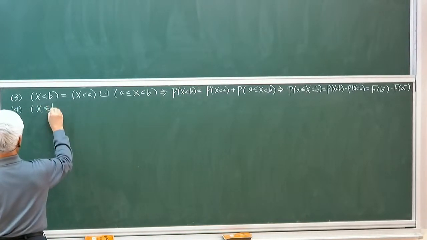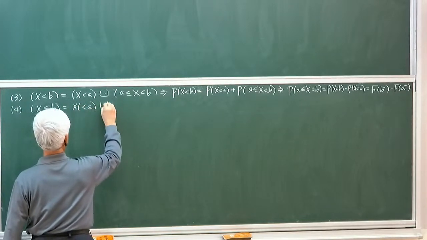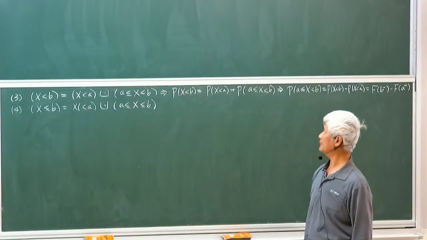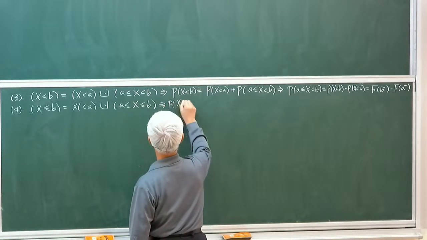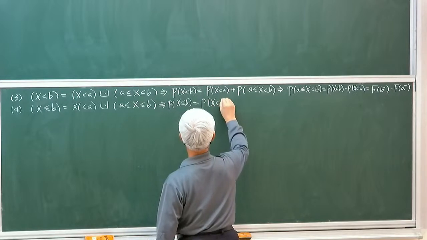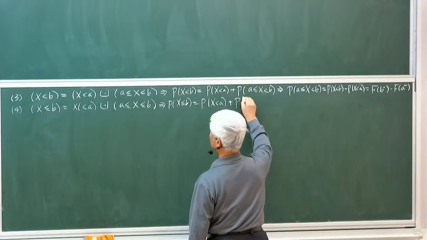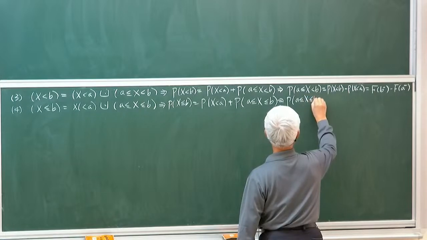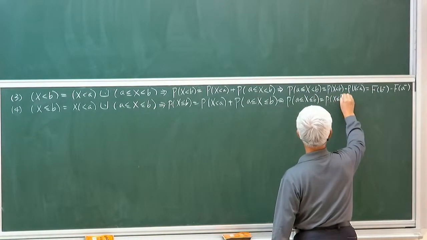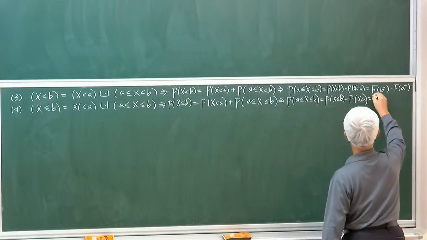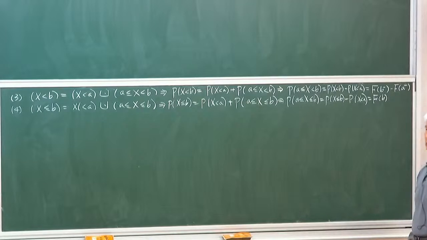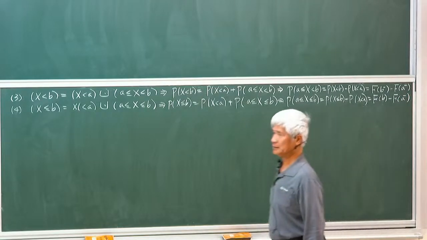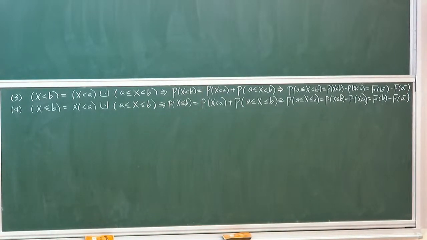And the fourth one, this is the disjoint union we have, so again by finite additivity, this is the value of the CDF at x equal to b minus the right limit of the CDF at x equal to a.